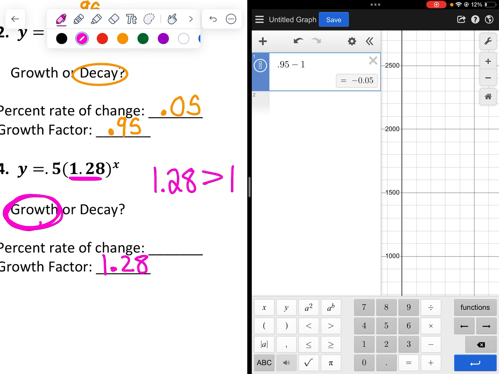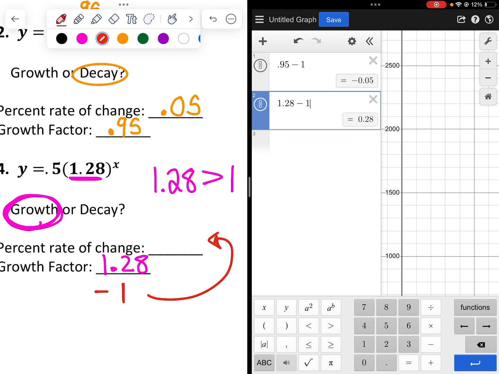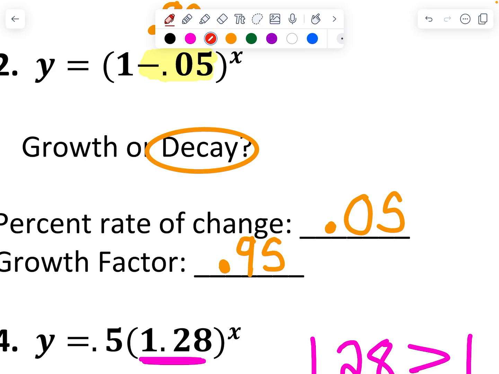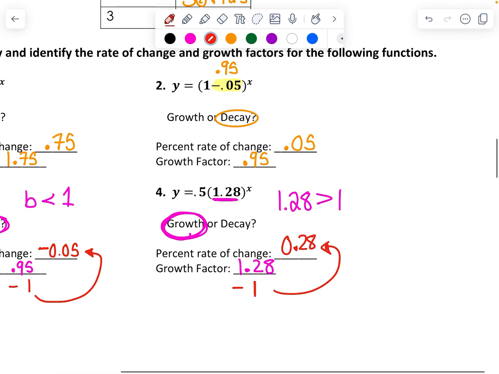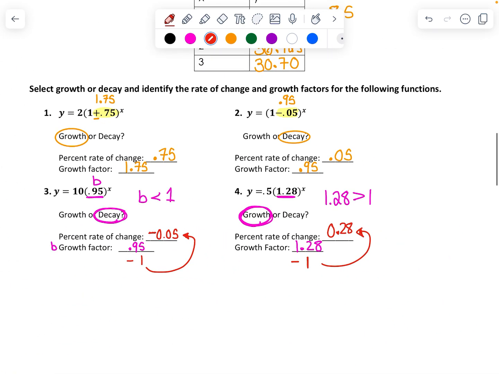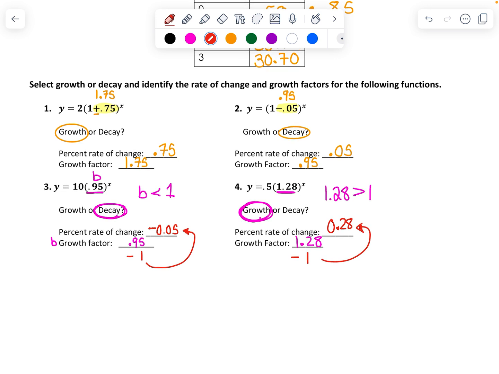This one I think is pretty easy to see the percent rate of change, but for the sake of the problem, the trick is to always subtract 1. So 1.28 minus 1 tells us that we increased by 28%. And that's it. Percent rate of change, growth factor.